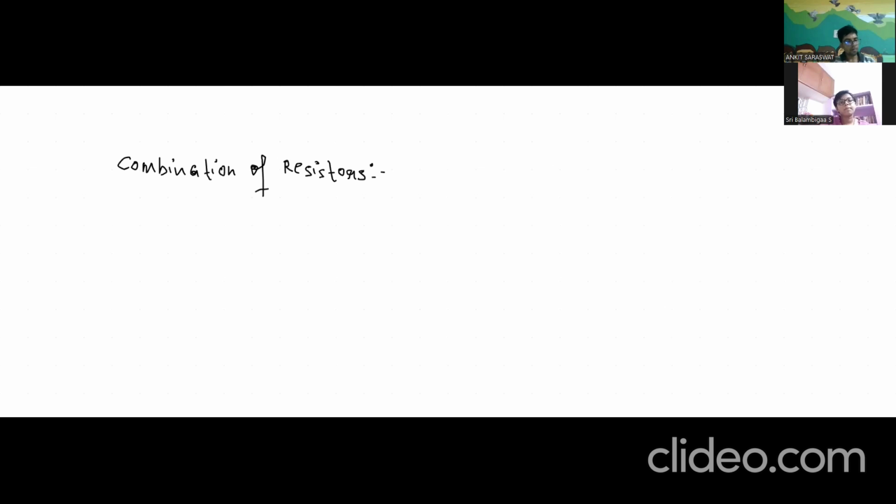So what is combination of resistors? From the name itself, we are going to combine 2 resistors, 3 resistors, 4 resistors, 5 resistors. Why are we actually combining? Because we want high resistance. Clear? Sometimes we want low resistance. There are basically two combinations of resistance. One is series, next is parallel.